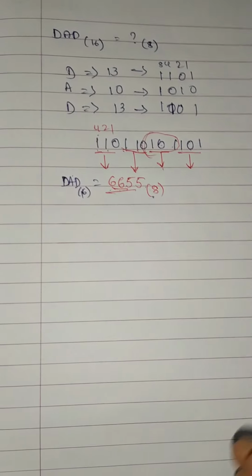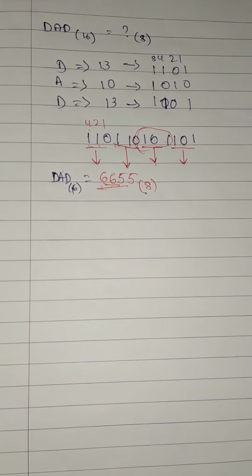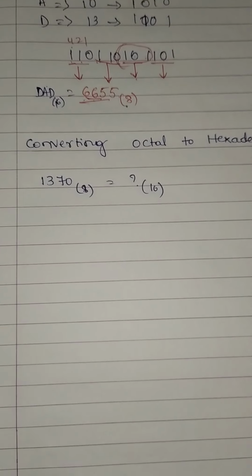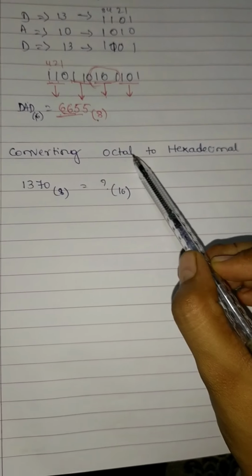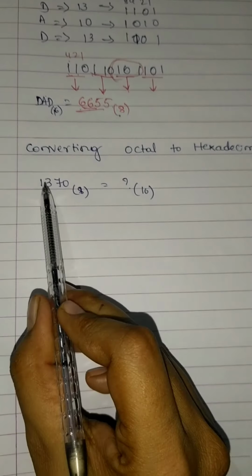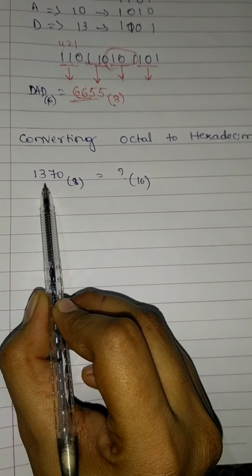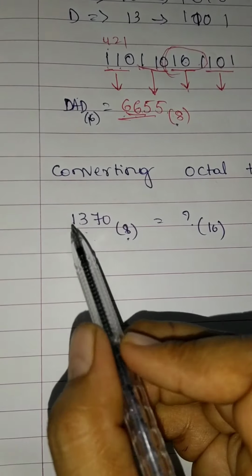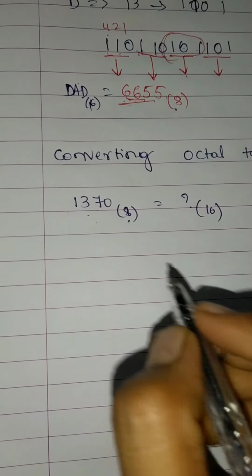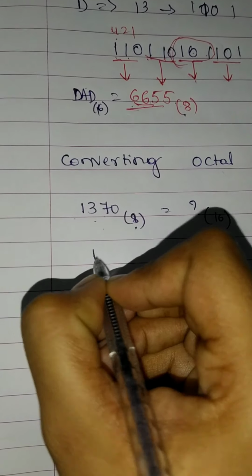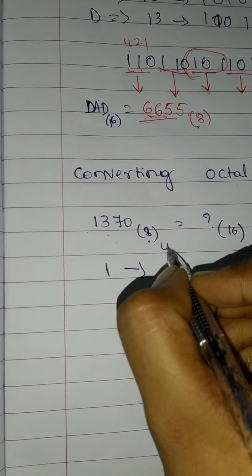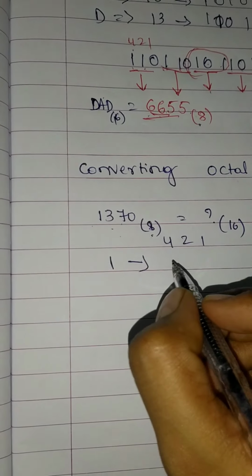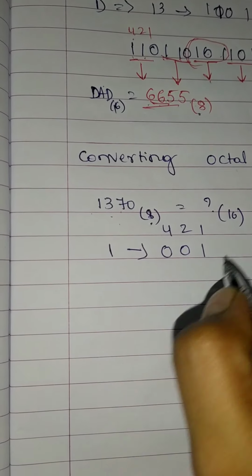Now we'll see how to convert octal to hexadecimal. In the conversion of octal to hexadecimal, in the first step we need to convert the given octal number into its binary equivalent. If it is octal, we need to follow the 4 2 1 format. So 1 can be written as 001.